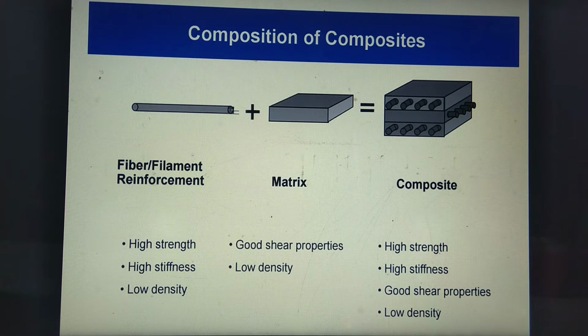From this slide we can understand that the reinforcement possesses high strength, high stiffness, low density, and the matrix possesses good shearing and low density, where the mixing of A plus B gives you the composite C, which has the properties of high strength, high stiffness, good shear properties, and low density.